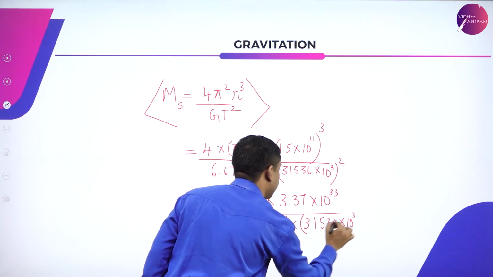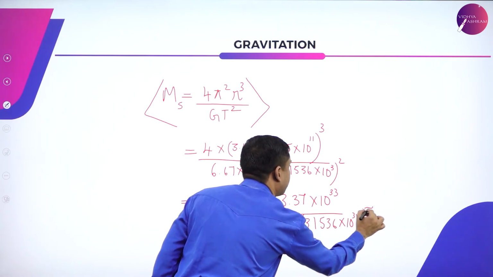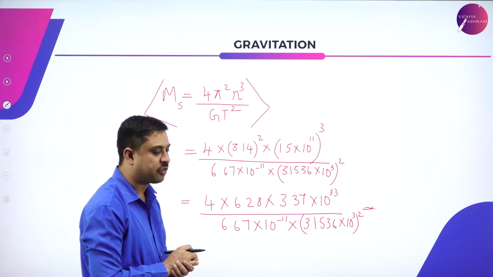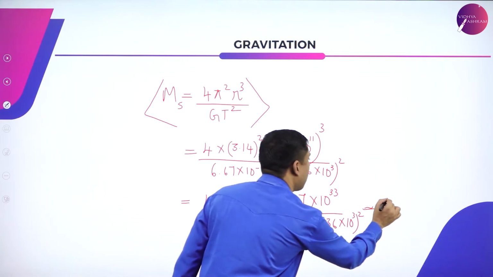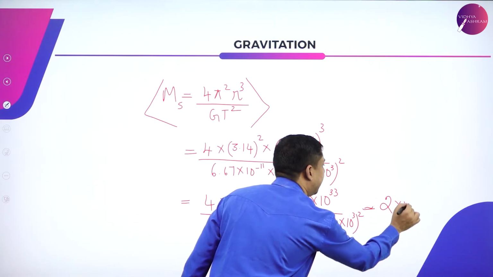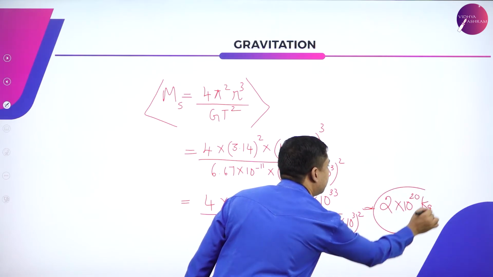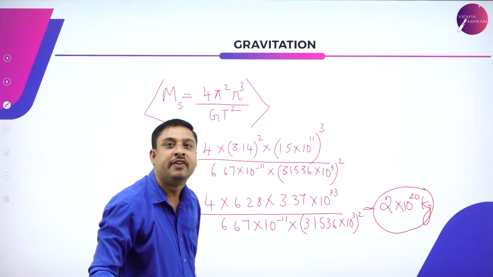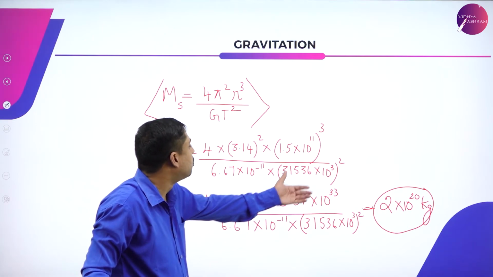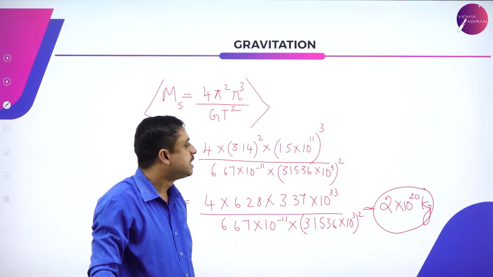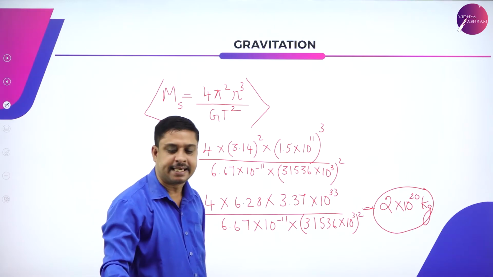This turns out to be a huge number. So from this, the mass of the sun is approximately 2 into 10 power 20 kg. So the simplification turns out to be 2 into 10 power 20 kg.